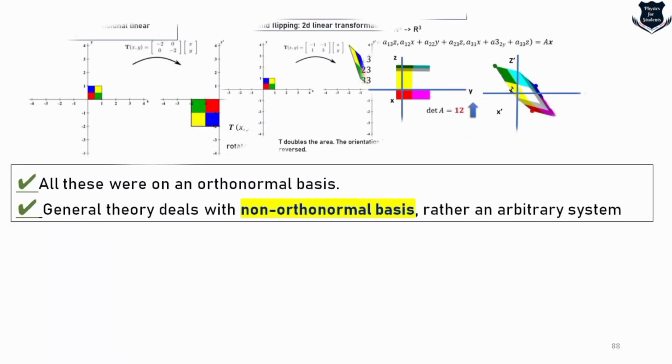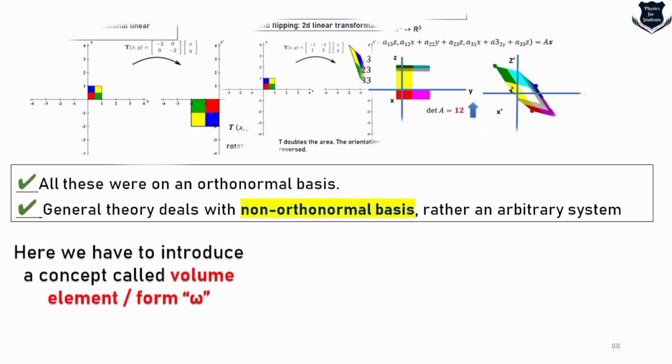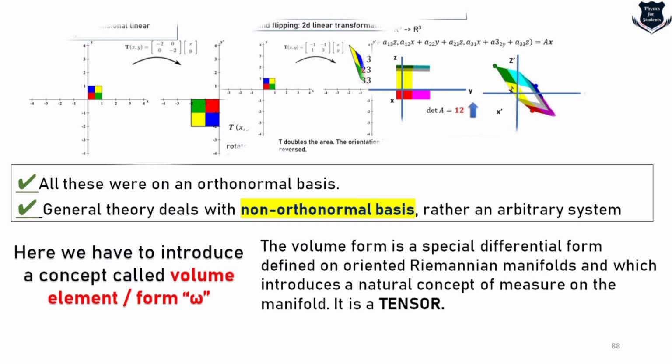Now, all these were on an orthonormal basis, that means it deals with perpendicular axes. Remember, general theory deals with non-orthonormal bases rather than an arbitrary system. So here we have to introduce, in order to calculate in a non-orthonormal system, what is called a volume form. And I'm not going into the details of this.